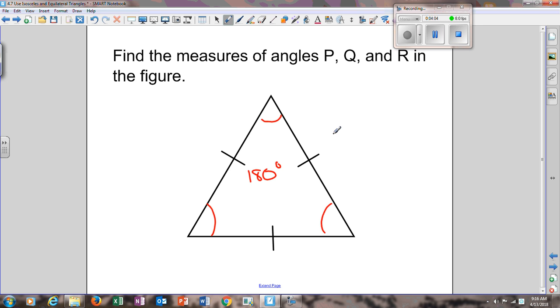So 180 divided by the 3 gives you 60-degree angles for all of them. So your angles in every equilateral triangle are always going to be 60 degrees.